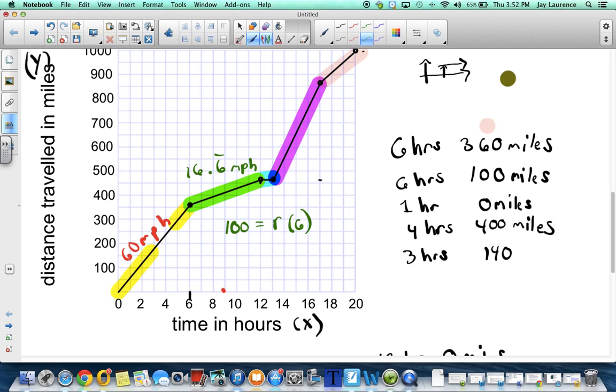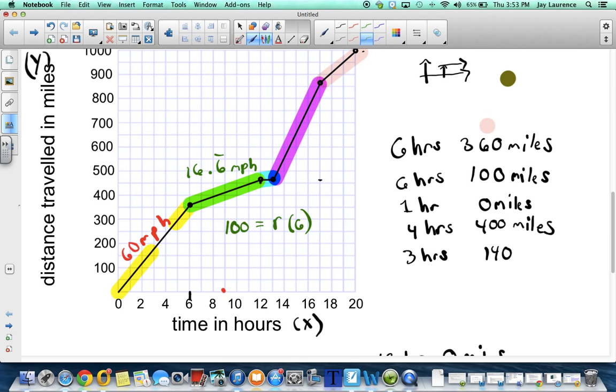Now, why would they be going so slow? Well, let's think of some reasons. First, they're zipping along at 60 miles per hour, and now they're down to 16 2/3 miles per hour. It could be that the car is having some engine trouble. It's not working properly, so they can't go very fast.